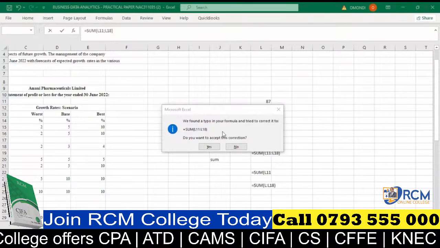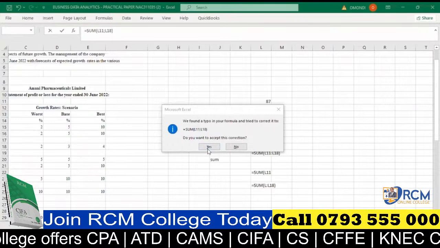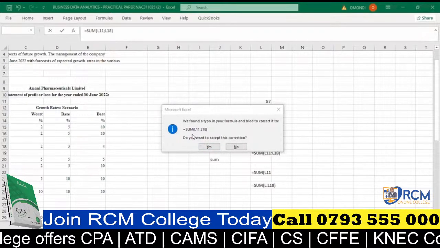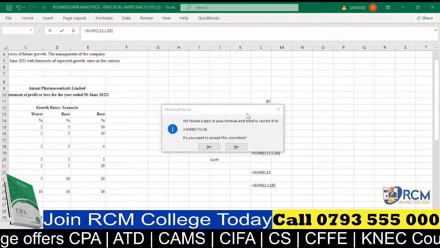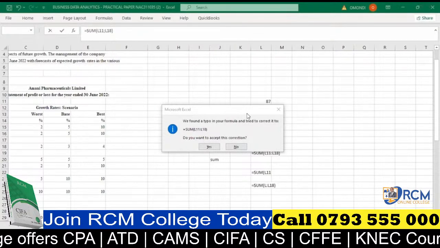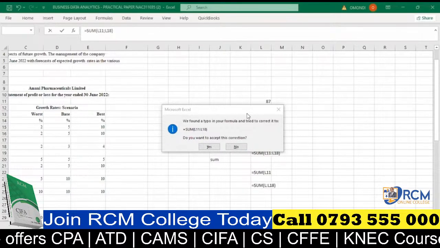Yes, so that is what is required there, the correct one. So Excel is ready to rectify it. And if you check this one here, it is exactly equivalent to what was given to you as choice B.